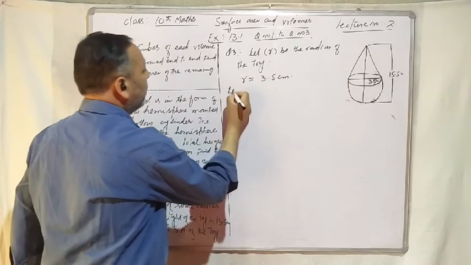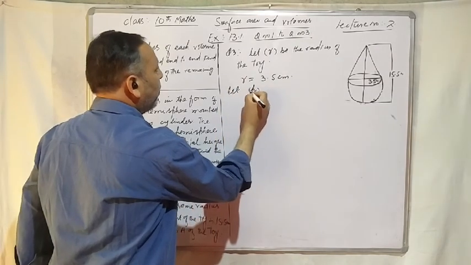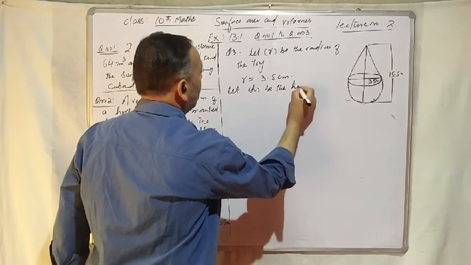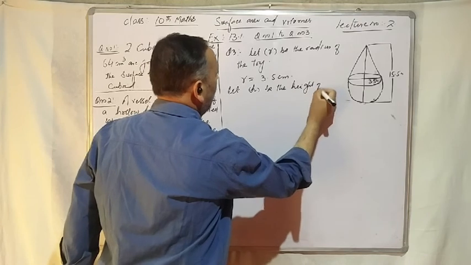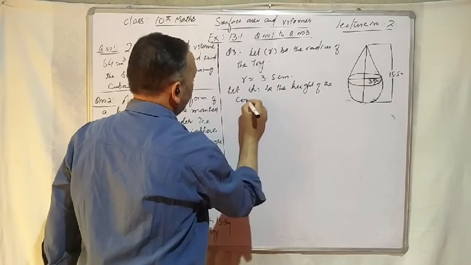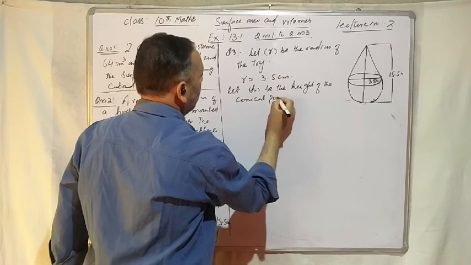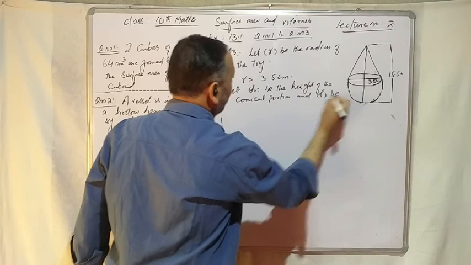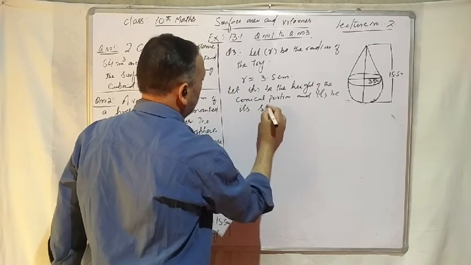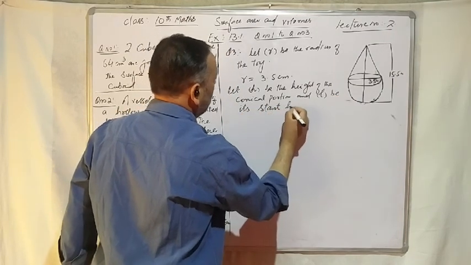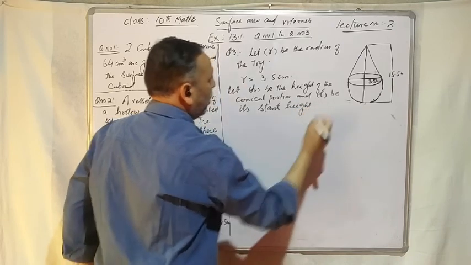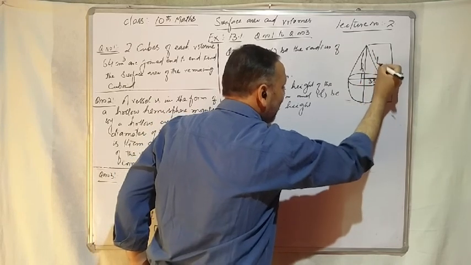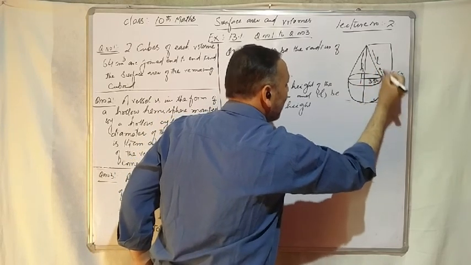So let H be the height of the conical portion and L be its slant height. Let us assume H is the height of the conical portion and L is its slant height.